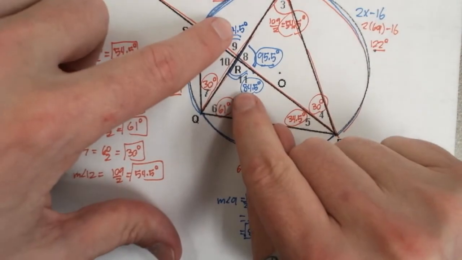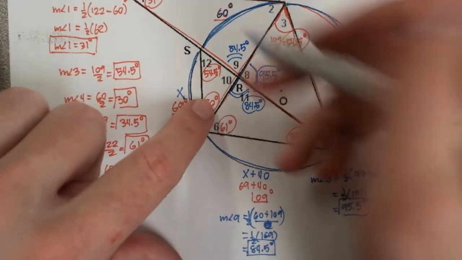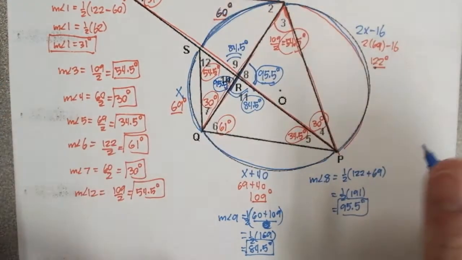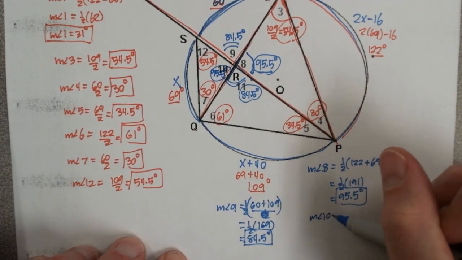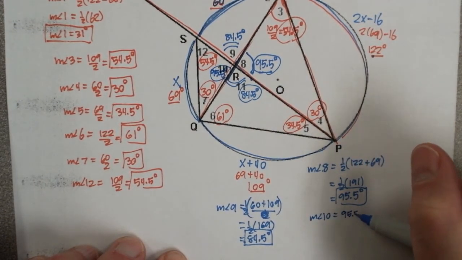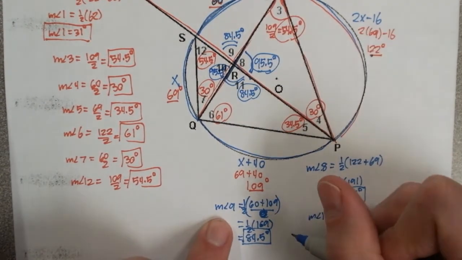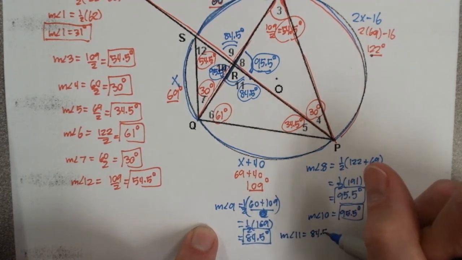Angles that are across from each other are vertical angles, they're congruent. So that means angle 10 is going to be 95.5. And the measure of angle 11 is also 84.5 degrees.